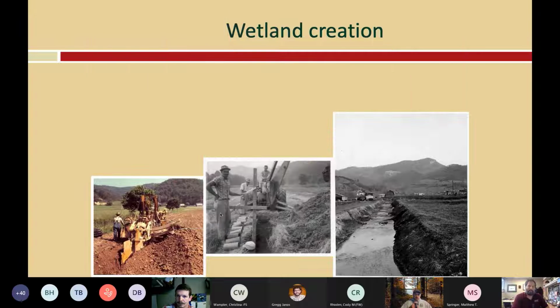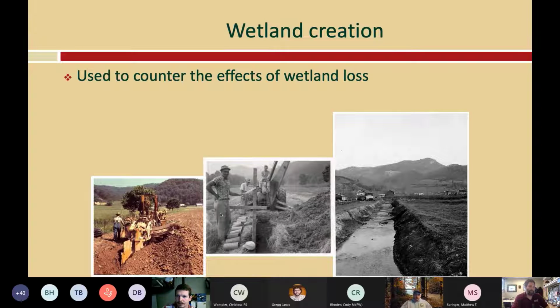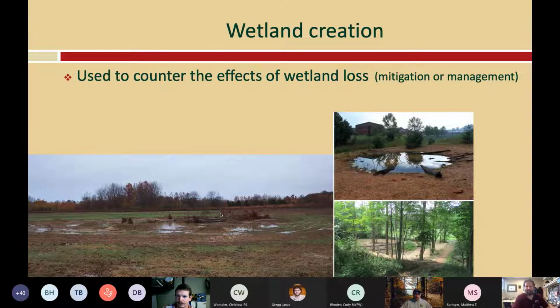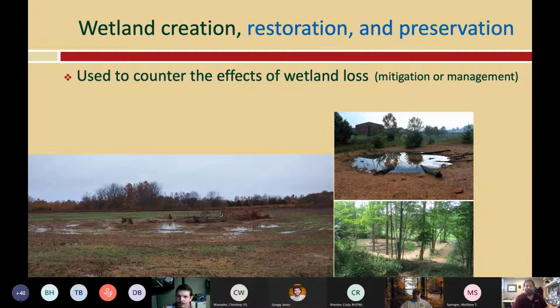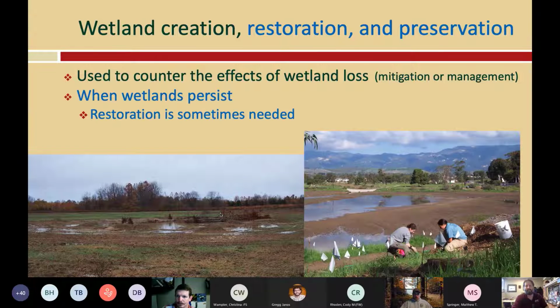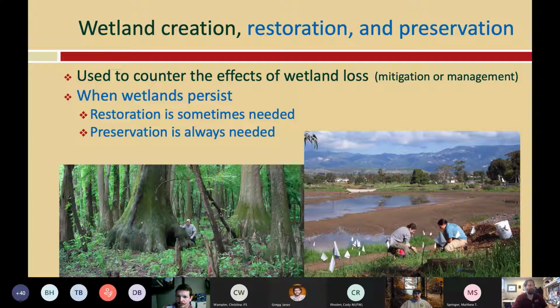As a consequence, wetland creation is used as management and as mitigation for that loss, depending on the agency, whether it's for wildlife management or an actual regulatory process. And those that do remain on the landscape often need to be restored. They've been impacted, so that's key, but even more key is that those that remain we need to preserve. So that's all about this sort of thing.